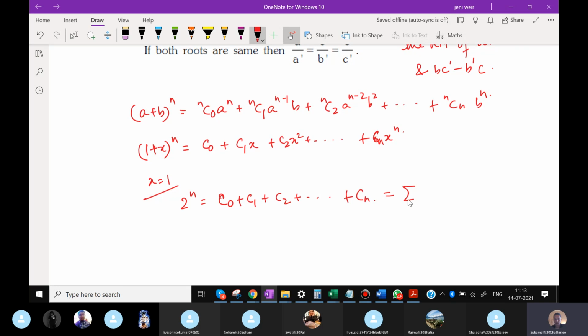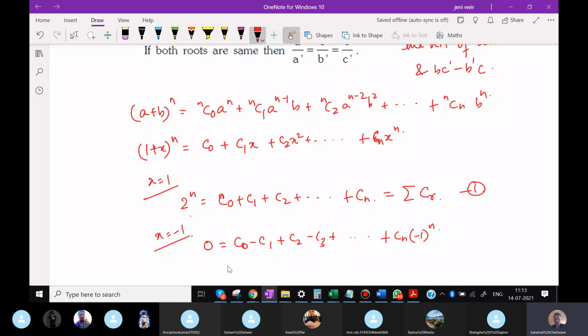So that means the sum of all the coefficients of the terms in the binomial expansion will be equal to 2 to the power n. This is one important result. The other important result is if x is equal to minus 1, then 0 equals C0 minus C1 plus C2 minus C3 all the way up to Cn into minus 1 to the power n.